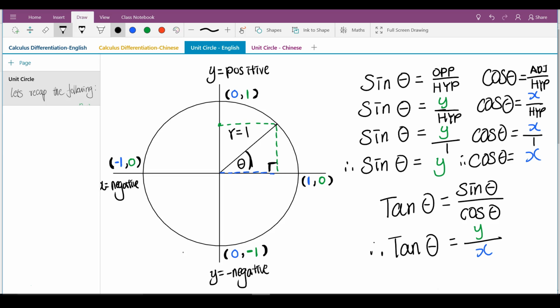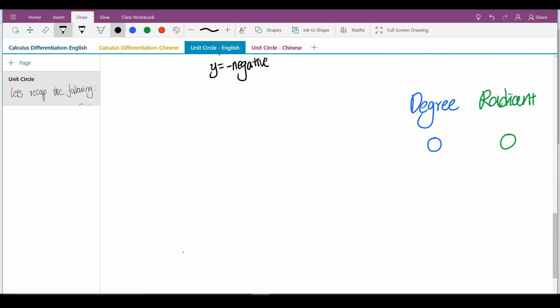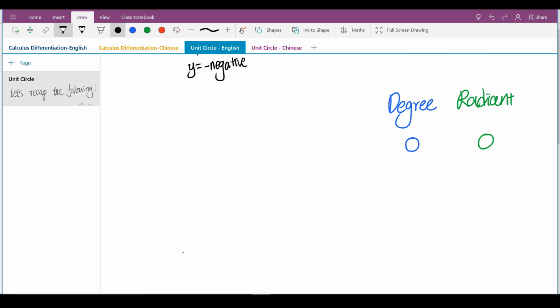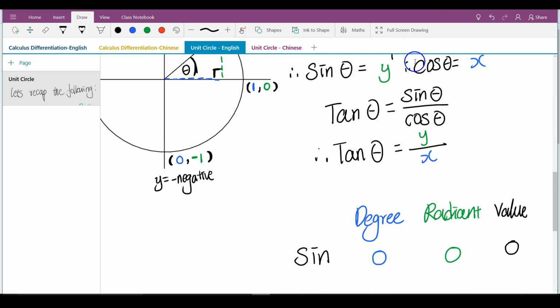Since sine theta is the y coordinate of that point, sine 0 would be 0.